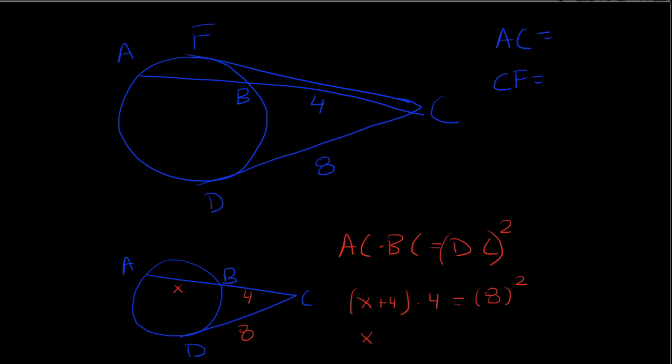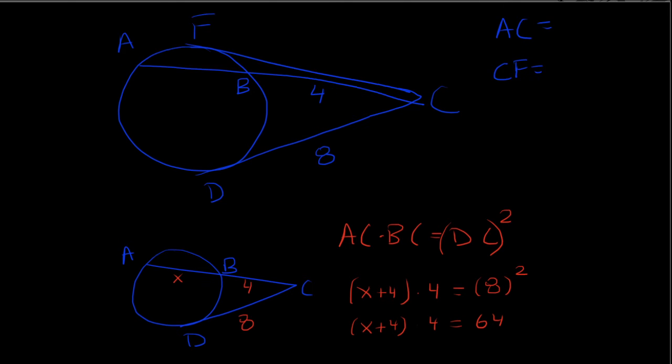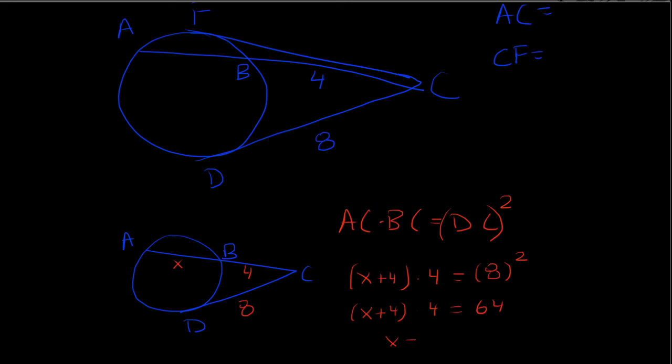So I have x plus 4, which is AC, times 4 is 64. And that means x plus 4 is 16. Which x plus 4 is equal to AC, and we have a first answer here. AC is 16. So if I want, I can solve for x to get 12. But I don't have to do that because I know AC is x plus 4, which is 16.